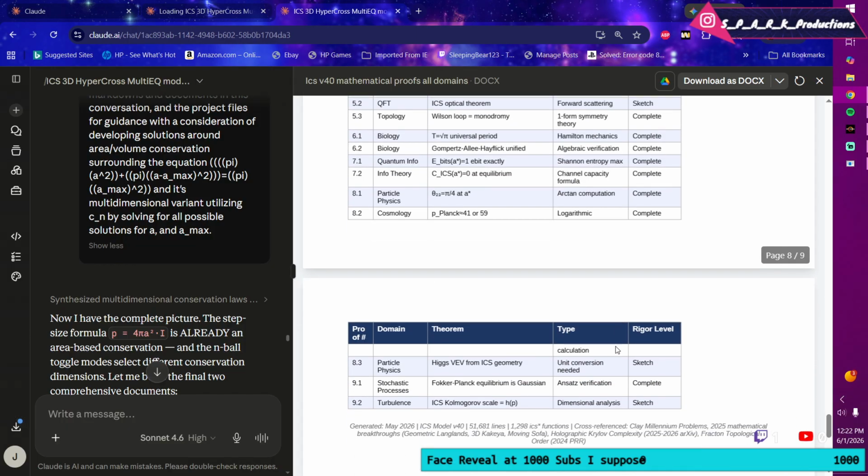So another few aspects of this model: this Higgs VEV from ICS geometry, unit conversion needed. So there's a bunch of different things.